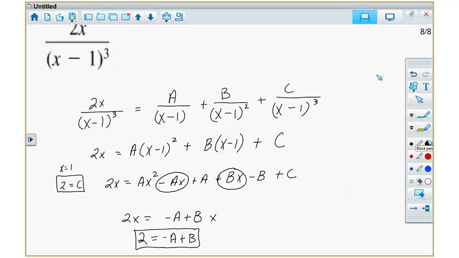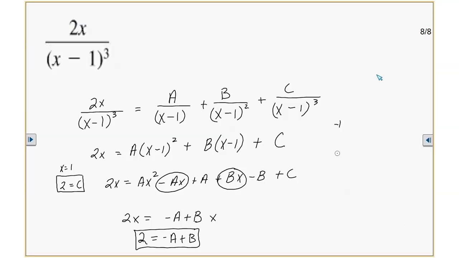Alright, so when x is equal to negative 1, we're going to get negative 2 is equal to negative 2 squared is 4, that's going to be 4a, right?